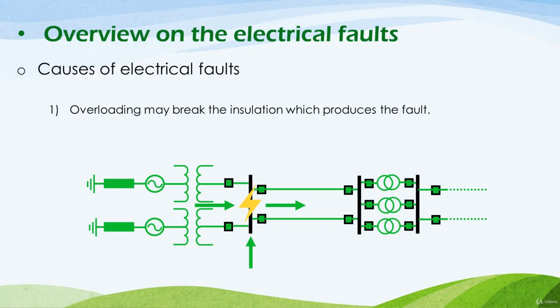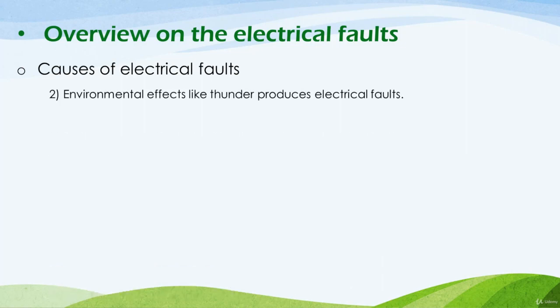Now the second cause that produces the fault condition is the environmental effects. If the overloading condition was an internal reason related to a problem in the power system itself, here we have external reasons that cause the fault from outside the power system. Some external weather conditions may produce a fault, like thunder for example.